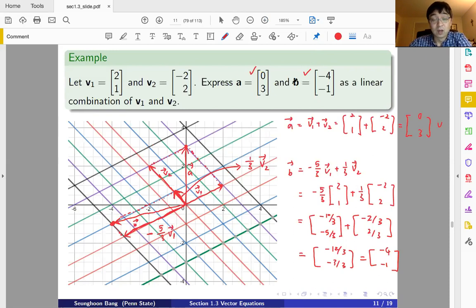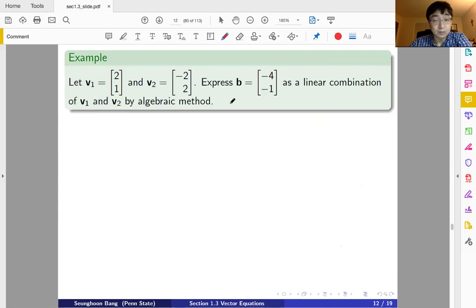The next one. Now, how can I solve this problem? We can use the algebraic method. Vector b is a linear combination of v1 and v2. So what does it mean? Vector b is the same as a linear combination of the two vectors v1 and v2.